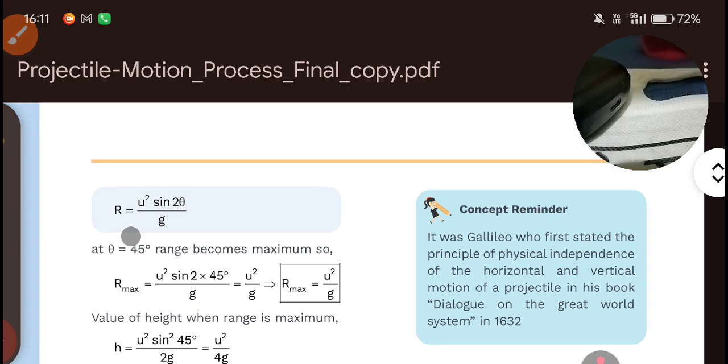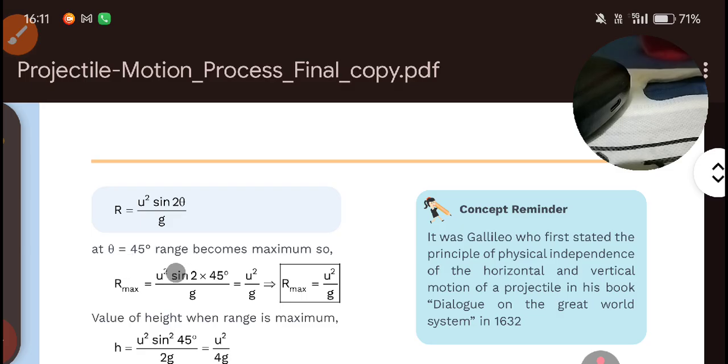So finally the equation will come out R is equal to u square sin 2 theta upon g. So you can use this to calculate range. Otherwise you have the short equation R is equal to ux into t.